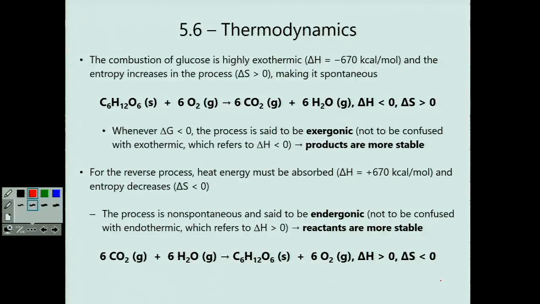A little bit of additional terminology. We've already established that for the combustion of glucose there's a disordering of the system, and it turns out that this is also highly exothermic. How do we know? When you combust something, heat is released.